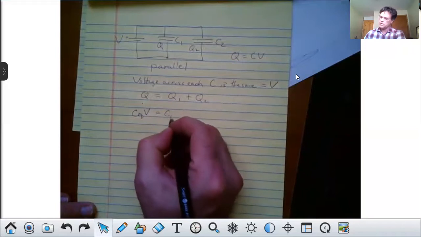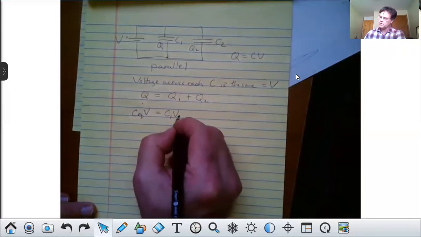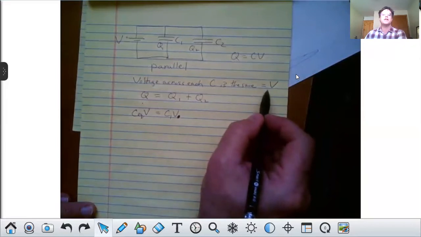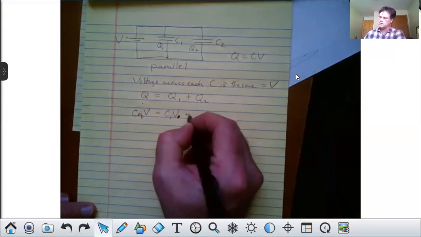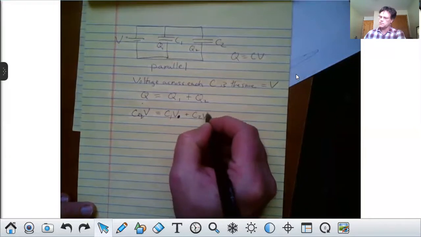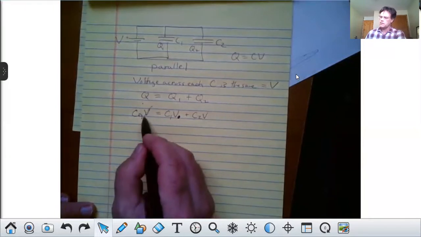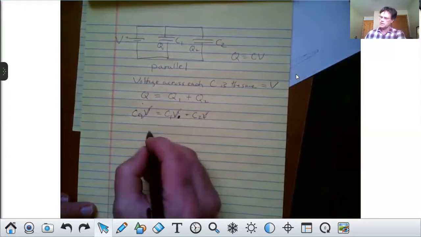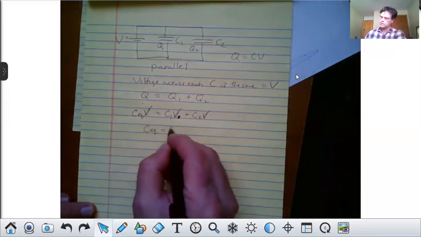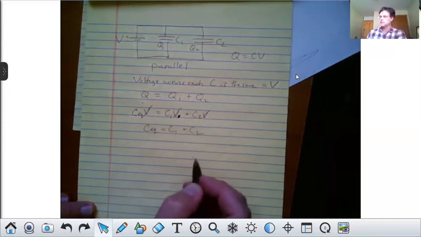Q1 is C1 times V1, but V1 is the same as the voltage across the battery, right? So the V's are all the same. For Q2, I have C2 times V. Here the voltages cancel, and I just get C equivalent equals C1 plus C2.